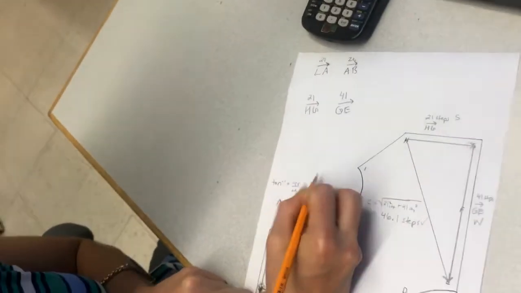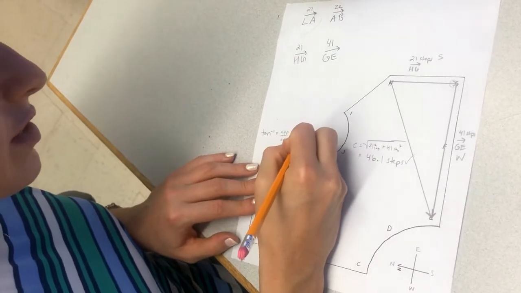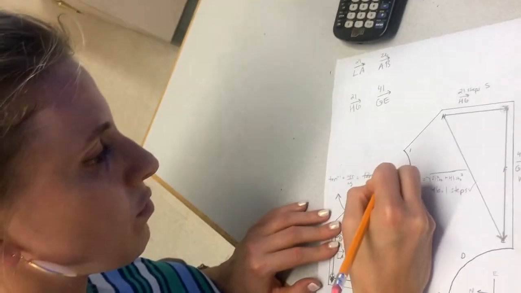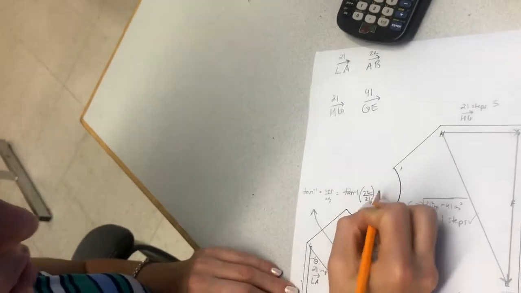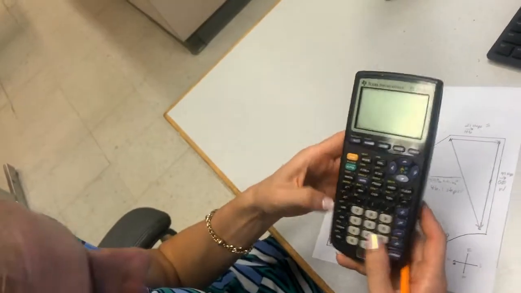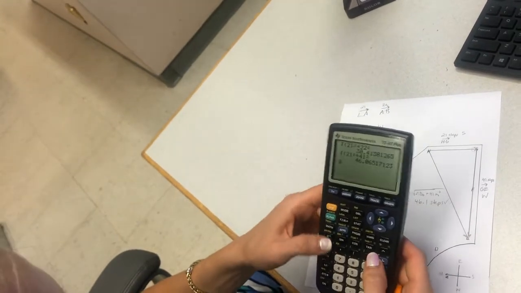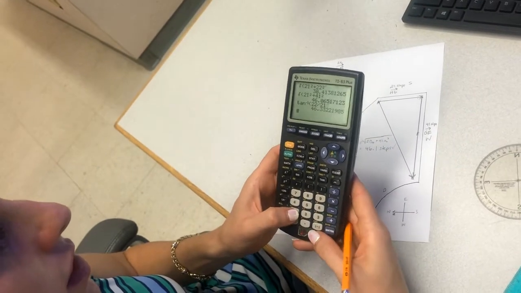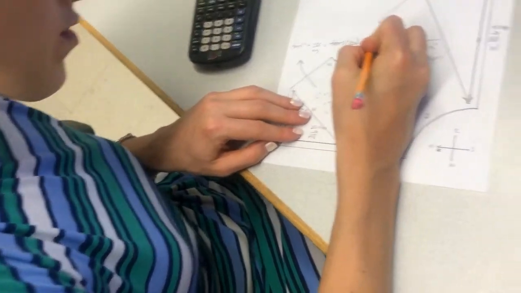Tangent inverse of 22 divided by 21, and I get 46.3. So that angle right there is 46.3, but that's not the direction.